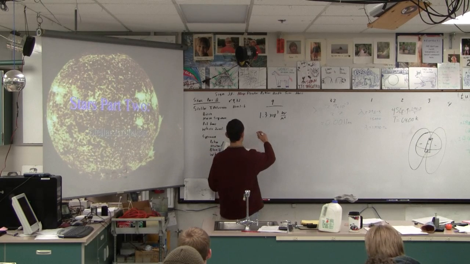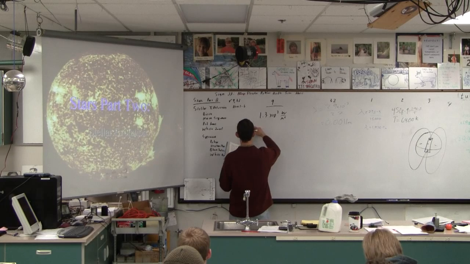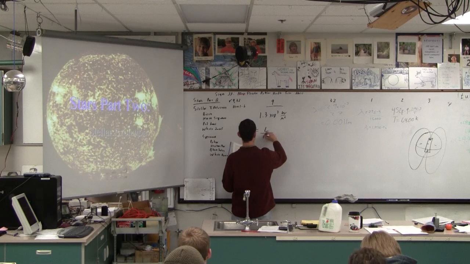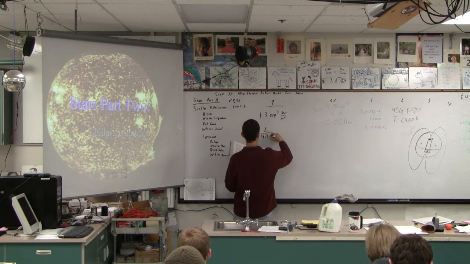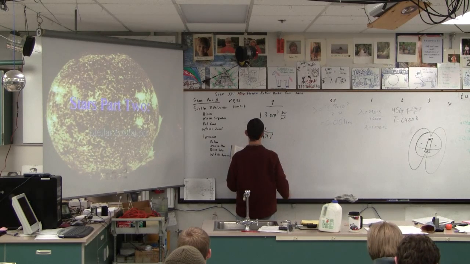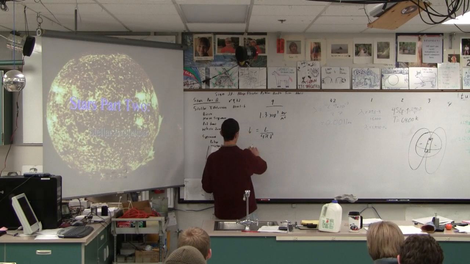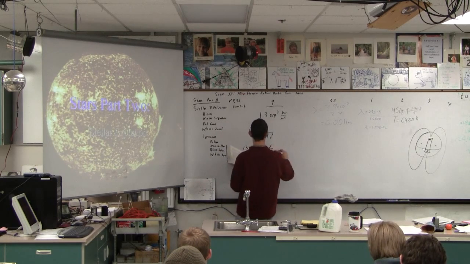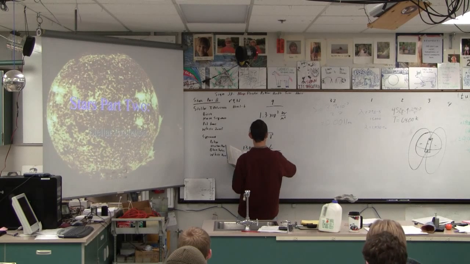And remember that the brightness is the luminosity divided by 4 pi d squared, right? So 1,300 is the luminosity of the sun divided by 4 pi d squared.